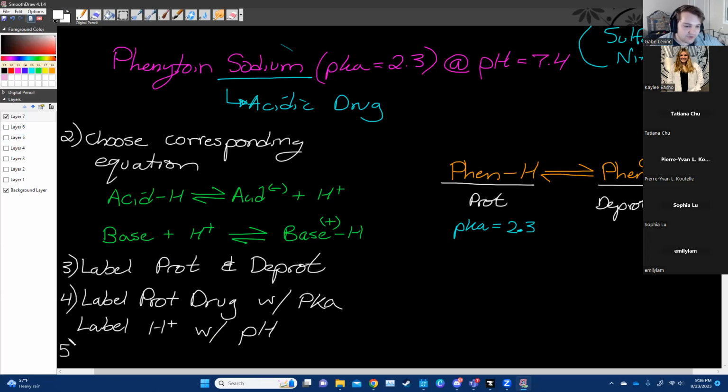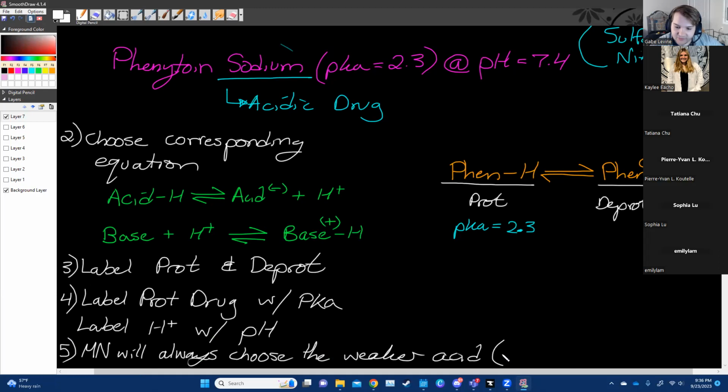Then we're going to use Mother Nature's rule. Mother Nature, MN, big MN herself, will always choose the weaker acid, which in this case means the higher number.